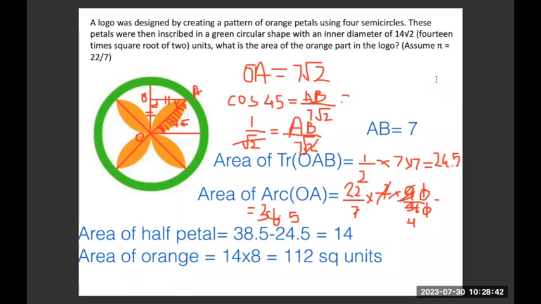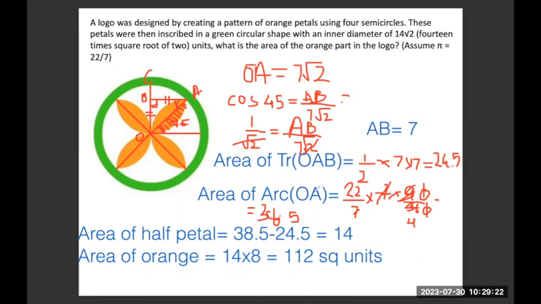Area of the arch, Twisha: in the area of the arch, the radius won't be 7√2, because that arch is formed by another circle, whose center is B. The arch OA has center B, it's not O. And the value of OB is less than 7√2, because if I name this point at the end C, OC is 7√2, and OA is also 7√2, which means OB will be less than that.